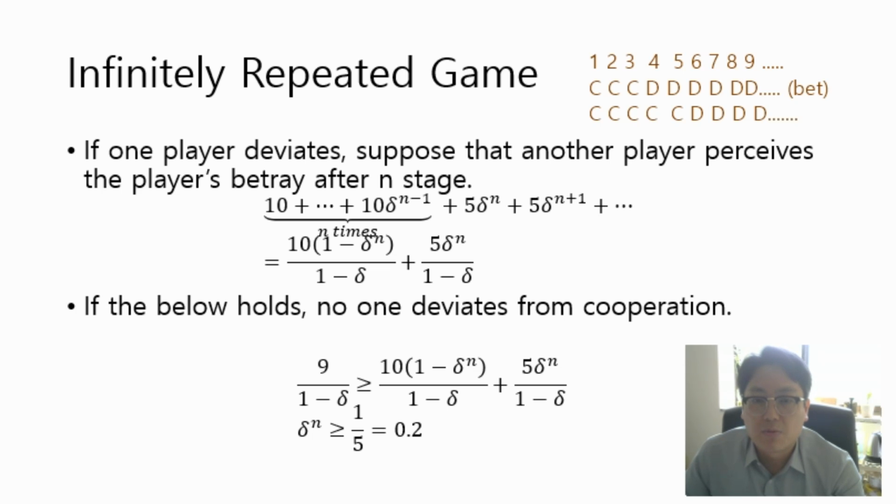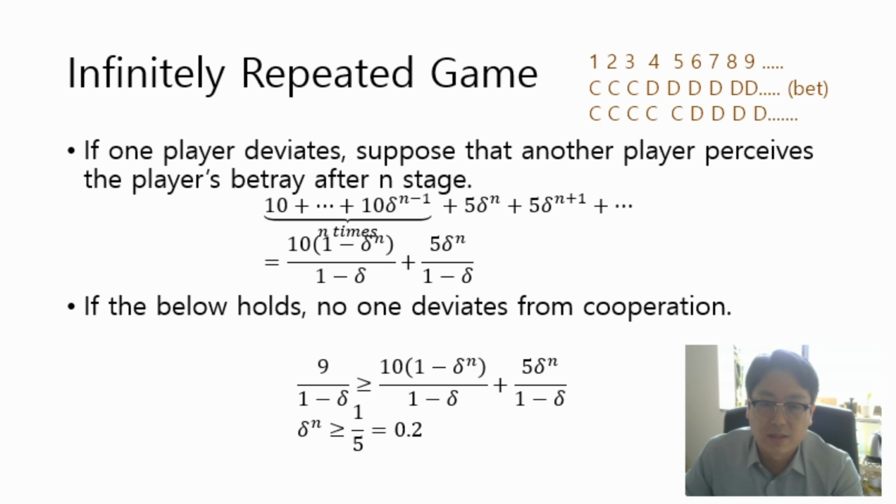Even though they keep receiving 10 for n times and after that 5 forever, because we have a discount factor, it is actually 10 plus 10 delta up to delta to the n minus 1, then 5 delta to the n, 5 delta to the n plus 1, and like that. If we use the formula to sum these numbers, we can get this. You can check the formula to find the sum of this number series.